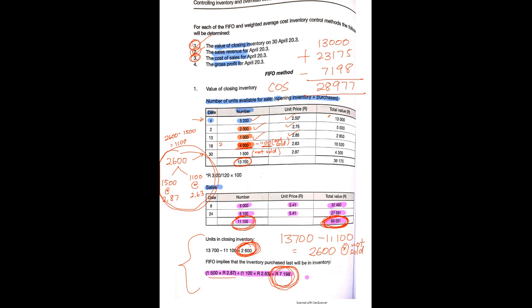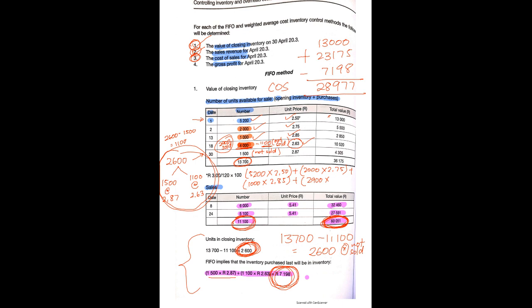So 2,900 at 2 Rand 63 was sold. So you can do that actual calculation: 5,200 times 2 Rand 50 plus 2,000 units times 2 Rand 75 plus 1,000 units at 2 Rand 85 plus the remaining 2,900 that had been sold at 2 Rand 63.